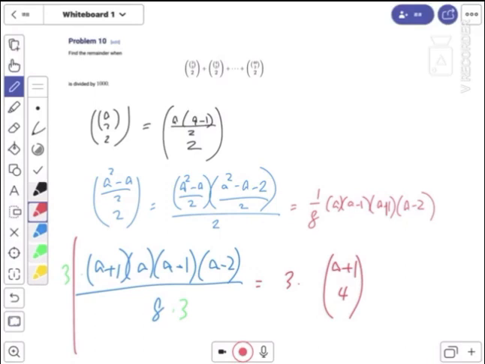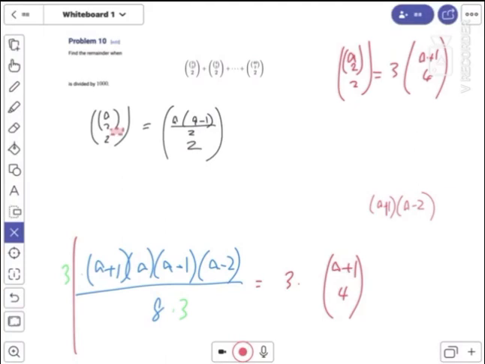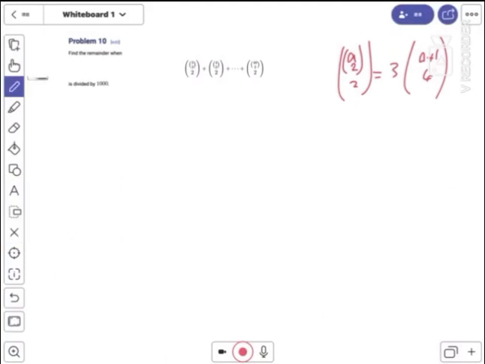So now we have this expression, which is a choose 2, choose 2. It's actually equal to 3 times a plus 1 choose 4. This is definitely a really important observation, because this will actually simplify our calculation significantly.